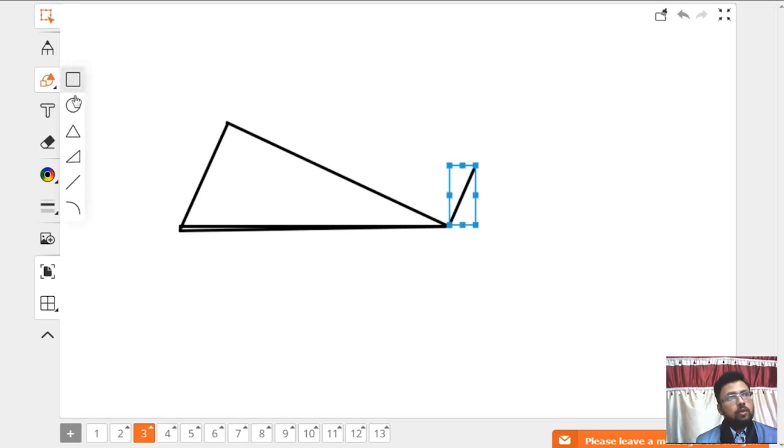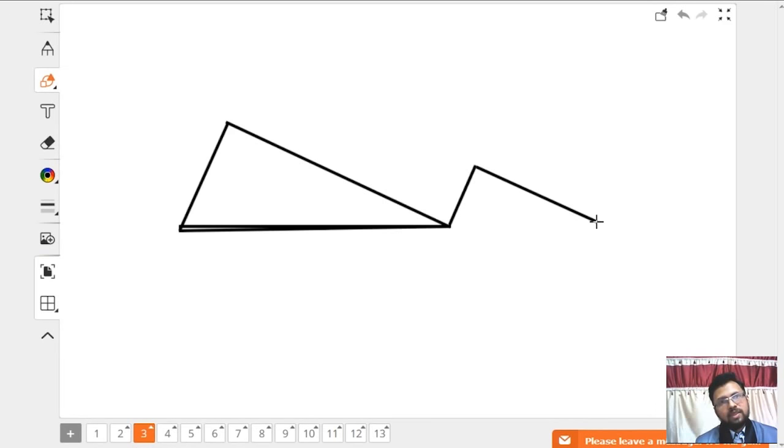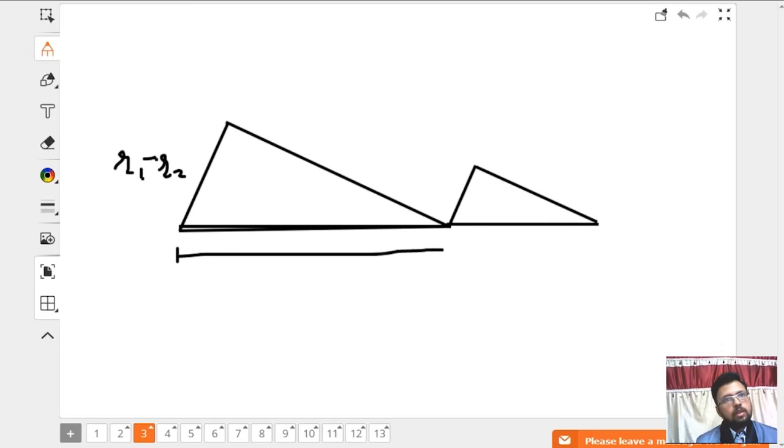It's your homework to do it for the smaller one, in the same manner. Bring all the sides in terms of R1, R2 and R3. We got this one as R1 minus R2, and this side was R1 plus R2.